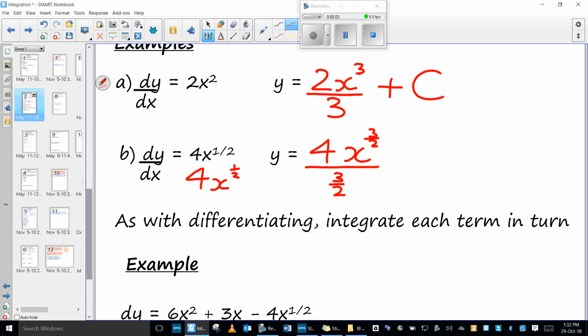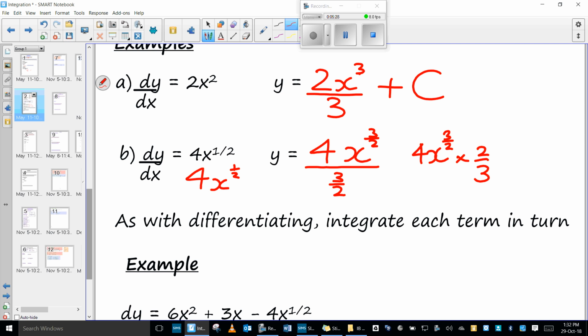So we've got 4x to 3 over 2 divided by 3 over 2. Now what's the rule when we divide by a fraction? We take the reciprocal and multiply. So we've got 4x to the 3 over 2 multiplied by 2 over 3, because the reciprocal of 3 over 2 is 2 over 3.